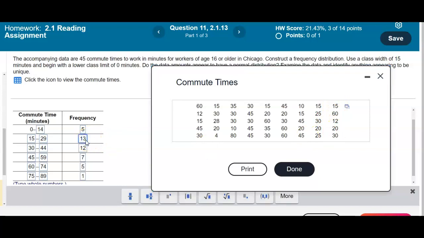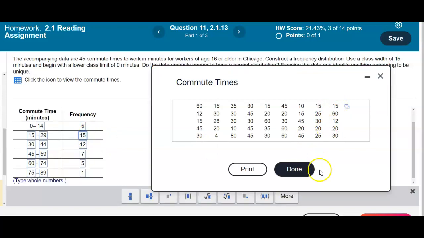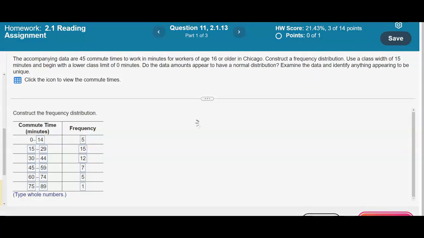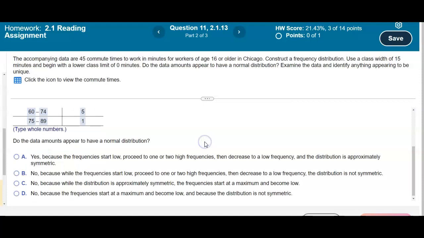So there was my mistake. We're going to put in 15. Now that we double checked, we know that we added 2 more. Let's check our answer, and there is our result.